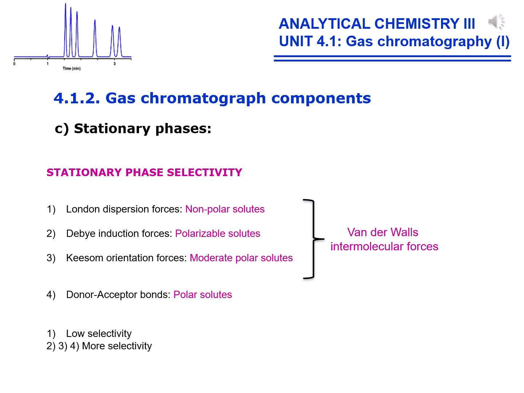When separating nonpolar compounds, the only interaction between the solutes and the stationary phase are dispersion forces. So, the solutes emerge from the column in order corresponding to their boiling points. If there are more polar compounds in the mixture, the most important interactions are due to induction and orientation forces, and in some cases to donor-acceptor bonds.